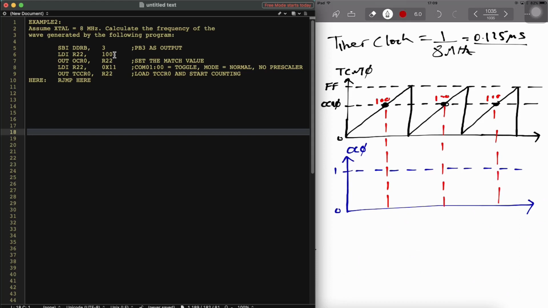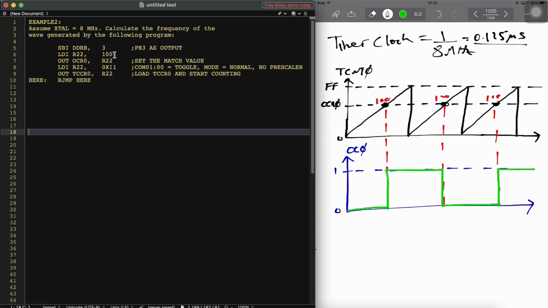When we start with 0, when it comes over there, the first one, it will be toggling. Then we carry on counting up and overflow, and then down and count up again up to the OCR match, toggle again, and then stay 0 until it's counting, another match, and toggle again. So 0, 1, 0, 1 is generated.